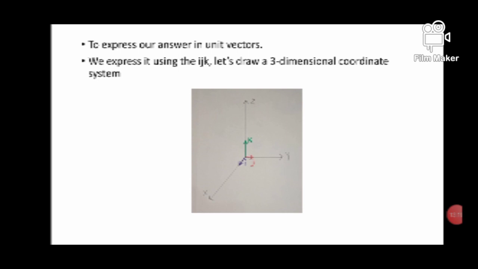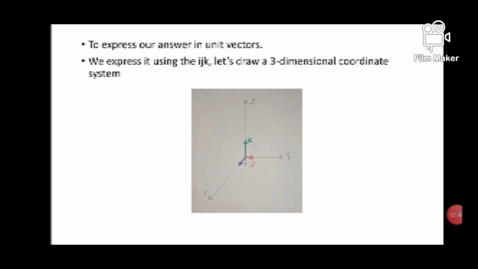And then we are going to express the answer using unit vectors. A unit vector is a vector that has a magnitude of 1. We express using the vectors i, j, k.